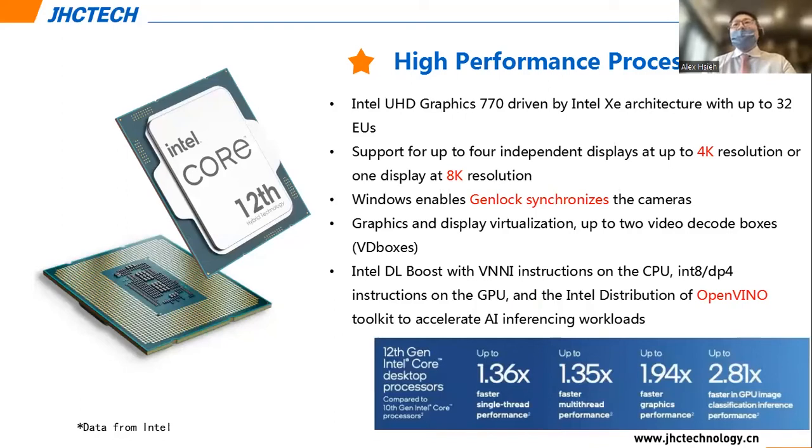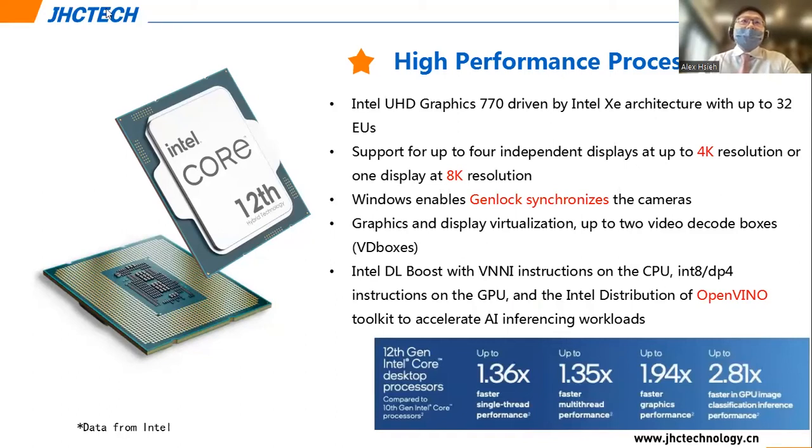So for the high performance processor, you can see we support these features, and for the display, we support 4K, 8K. This is a very general spec for the current design.